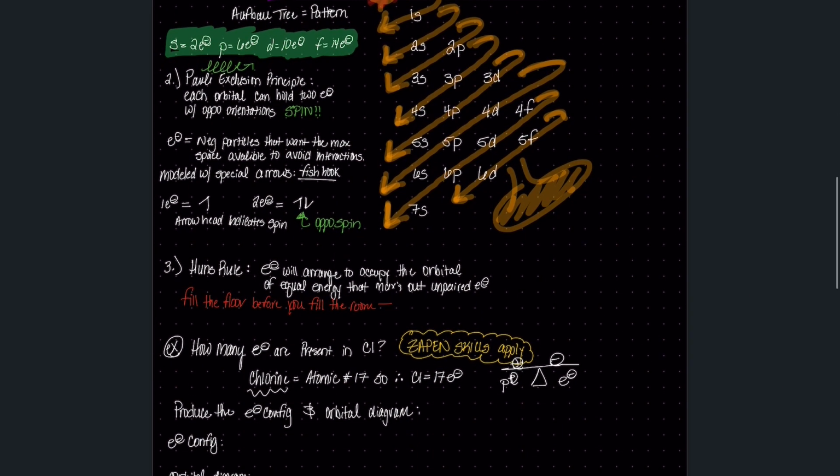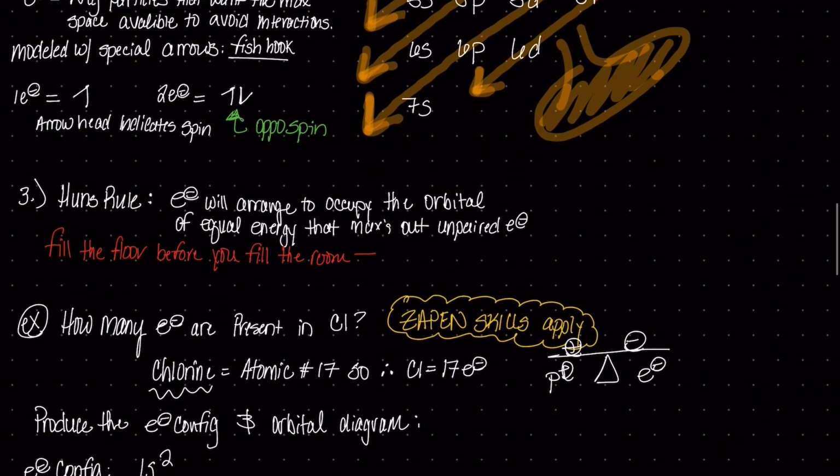I'm going to make my screen a little smaller so we can see. I'm currently sitting here. Then I go through 1s. 1s can hold 2 electrons. That's the ugliest 1s ever. Hold on, we're going to have to fix that.